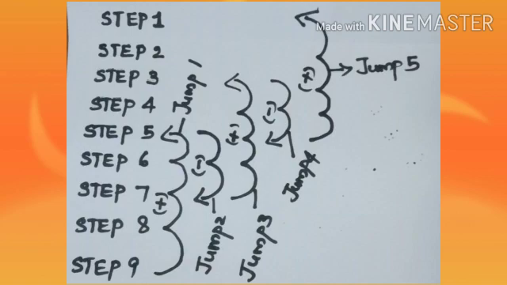So on jump 1, he is at step 5, and on jump 2, he is at step 7. On jump 3, he reaches the 3rd step. Then he jumps back. On the 4th jump, he reaches the 5th step. Finally, on the 5th jump, he reaches the 1st step.